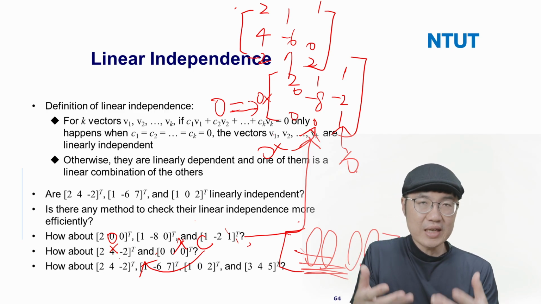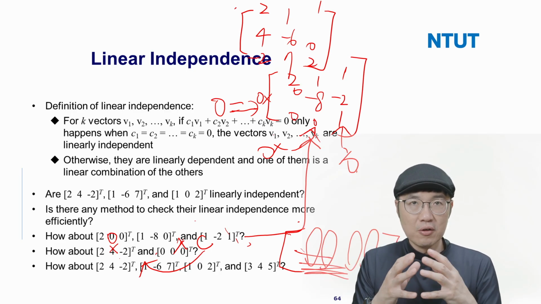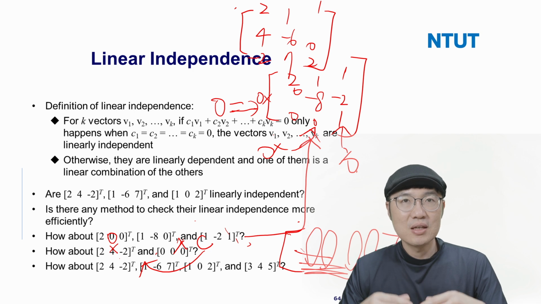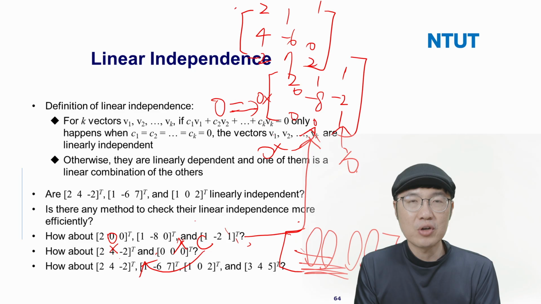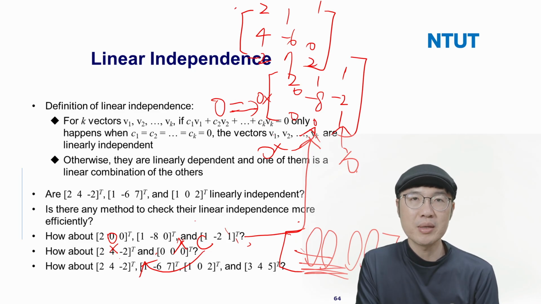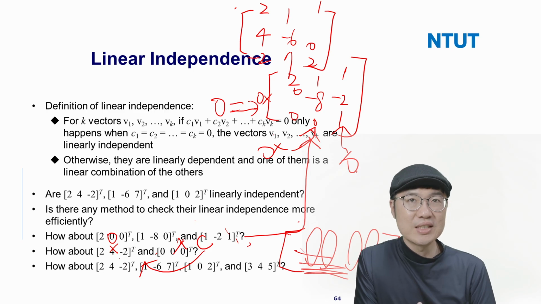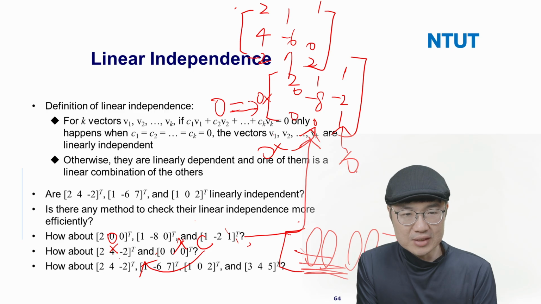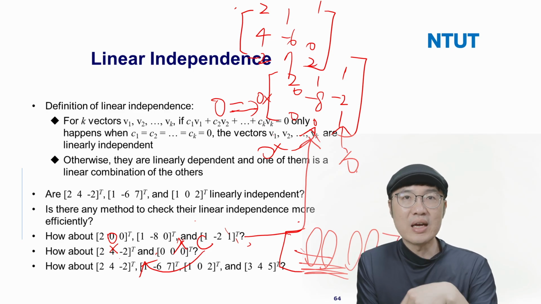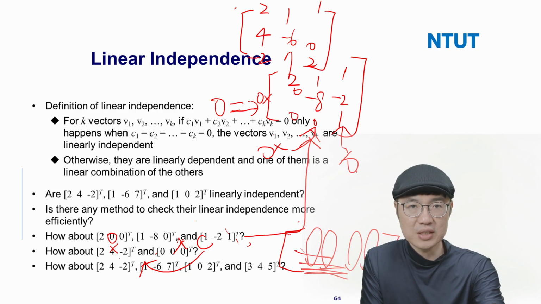Express them as a matrix and perform Gaussian elimination. So for 100 vectors, the mindset is to identify the pivot columns. The underlying reason is, once you find the pivot columns, everything else is just an extension of them. They are linear combinations of them.